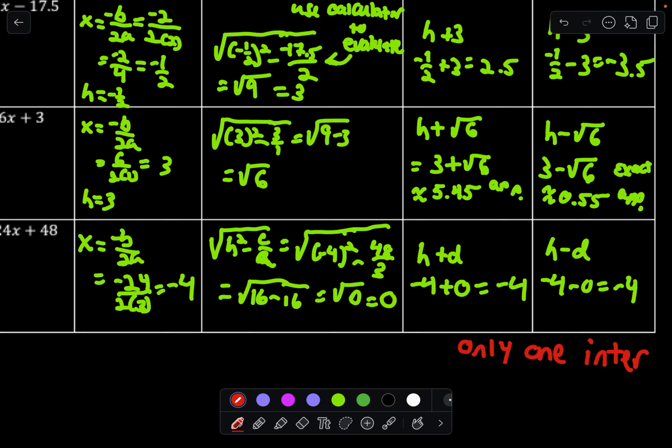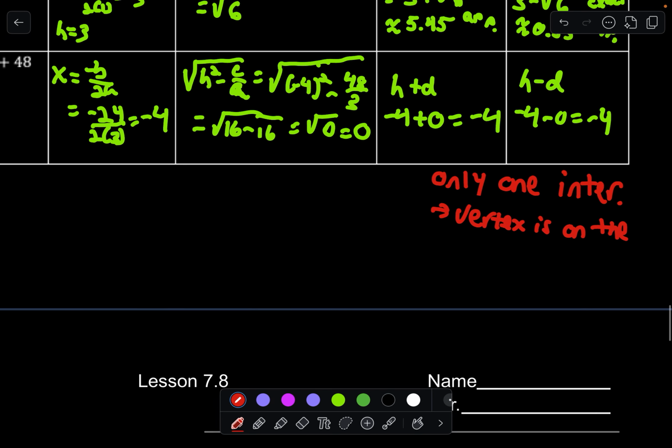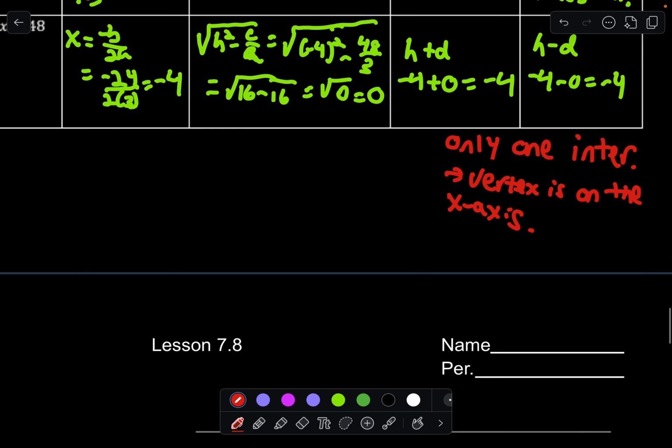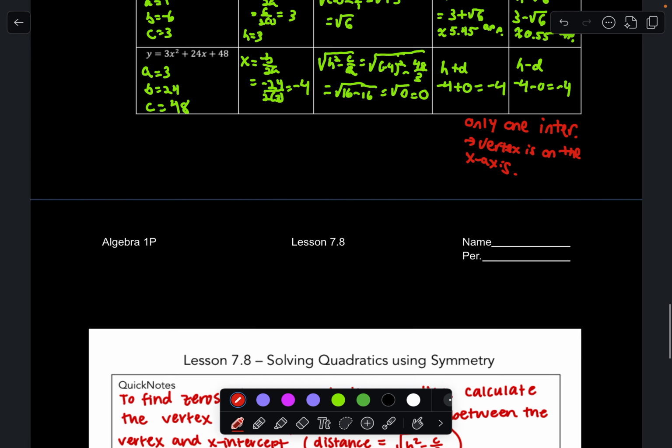And that's kind of important, okay? What that means is the vertex is on the x-axis. Okay? So there you go.